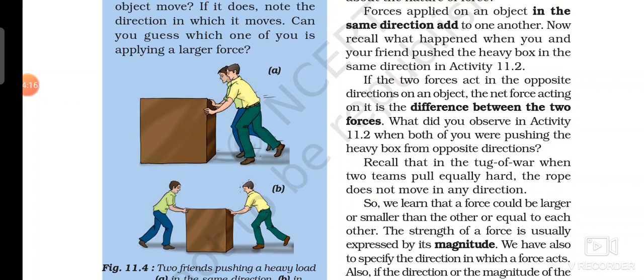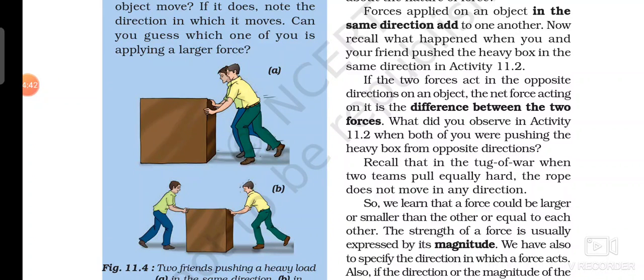Why? Because you can see the figure over here. If two boys are applying force in the same direction, then the net force applied will be the sum of their forces. दोनों ने जितना फोर्स अप्लाई किया है उनका सम मतलब एडिशन, उतना amount of force will be applied on that object.